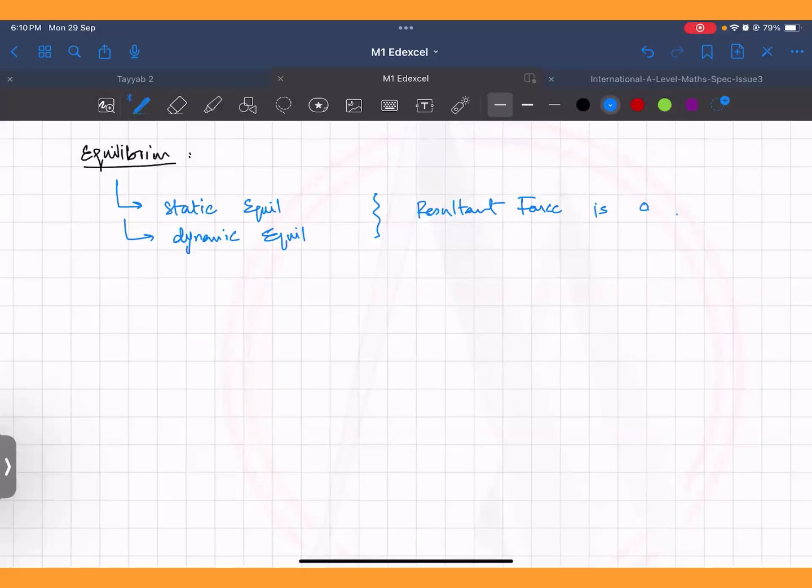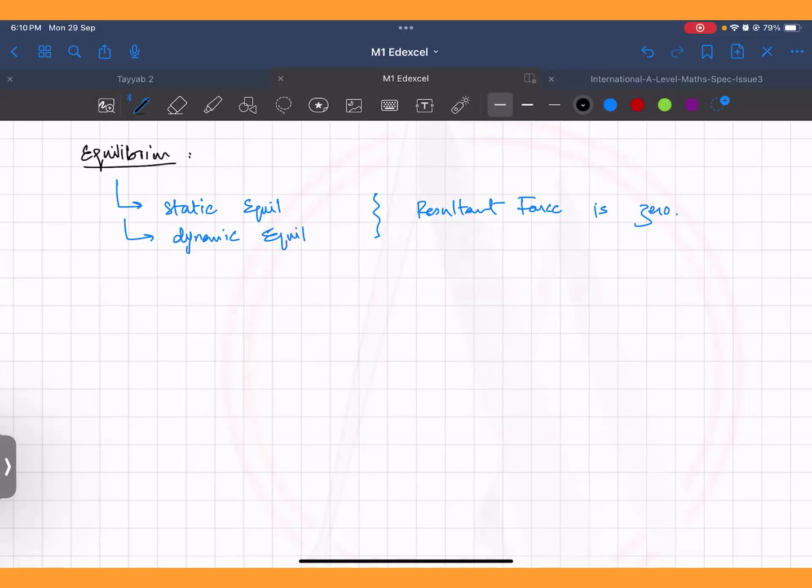The sum of all of the forces acting on that body will be equal to zero. So sometimes they would give a situation that a body is in equilibrium and there are certain forces acting on it, and they would give you an unknown force or an unknown angle to find.